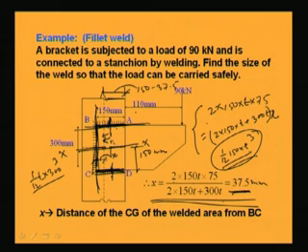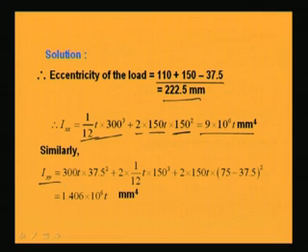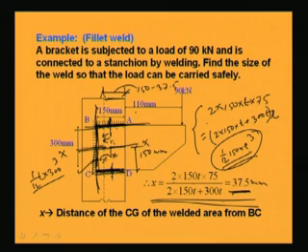For BC, we can simply transfer to here, because about its own axis it will be very small. So first is 300 T, this is the area, into 37.5 square, this is basically A R square. So 300 T into 37.5 square is the moment of inertia of this portion.